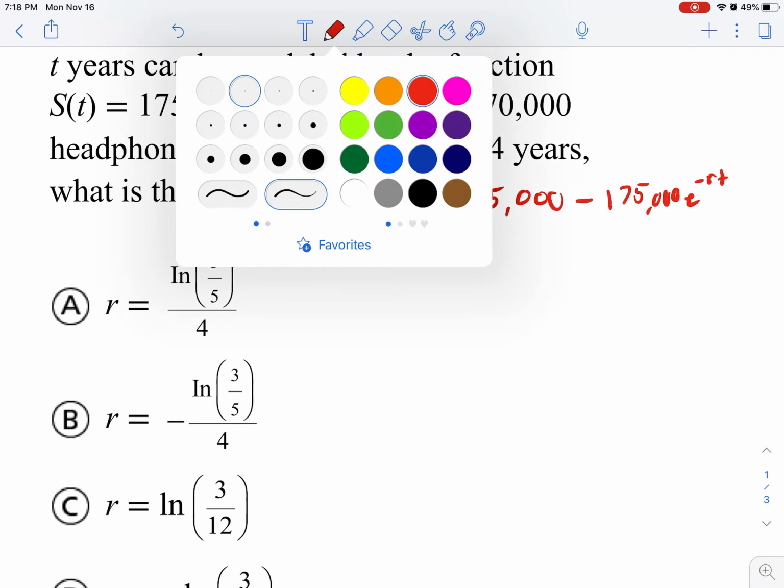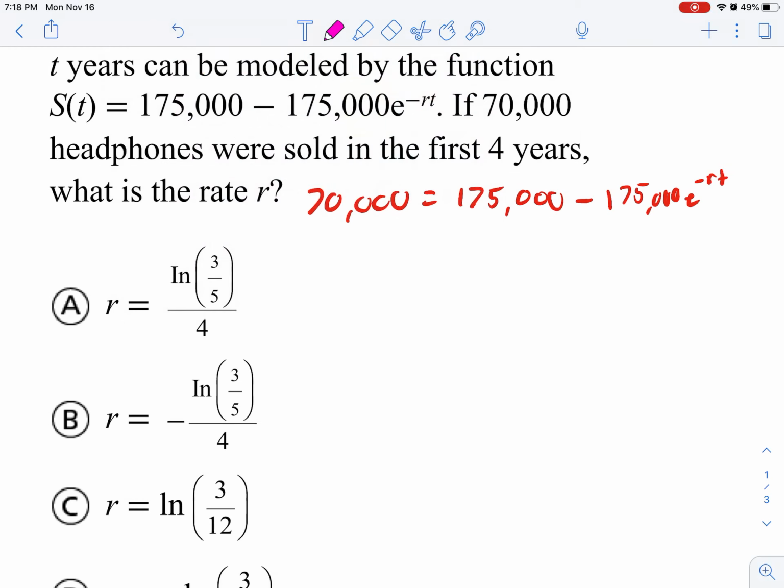I can't change colors. So we're going to subtract 175,000 from both sides. And then, don't be afraid of the negative sign because it actually does cancel out eventually here.